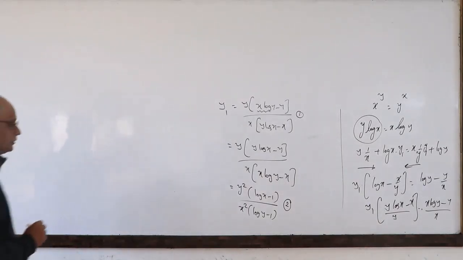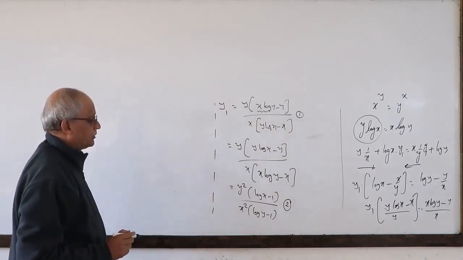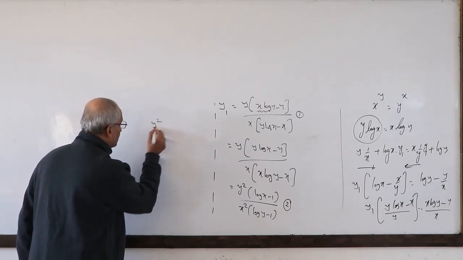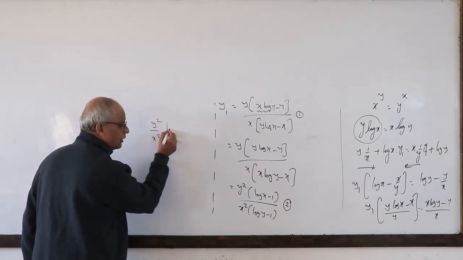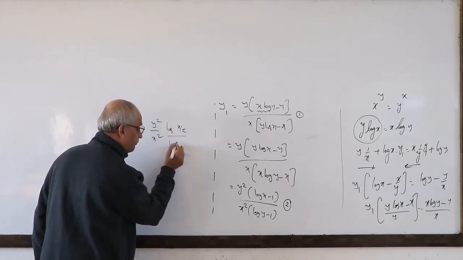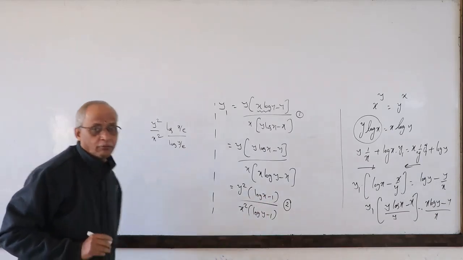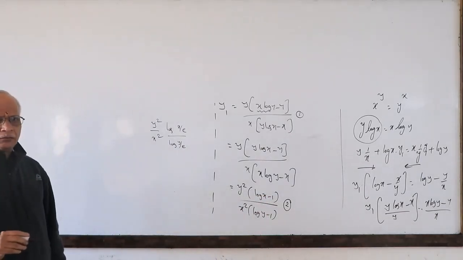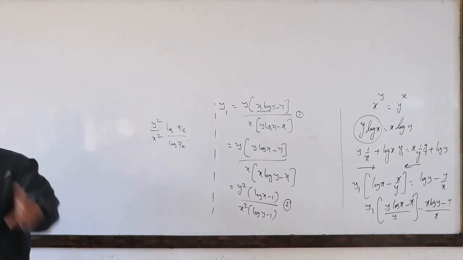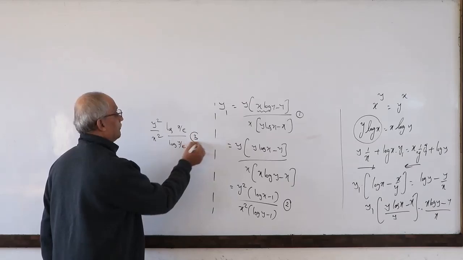Now I am giving you for mains. Some people write the mains exam by mistake, so you should know: y square by x square into log of x by e over log of y by e. Log m minus log n is log m by n, and hence log x by e is the third answer.